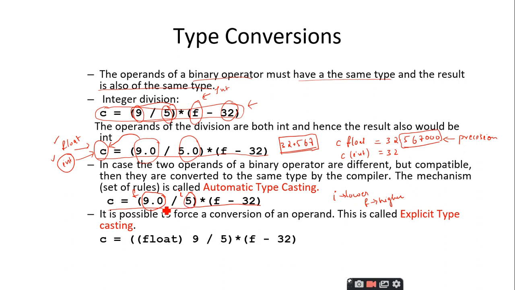If an expression consists of lower order and higher order operands, then the lower order operands will be automatically converted to the higher order operands. This is called automatic typecasting, or it is also called implicit typecasting.